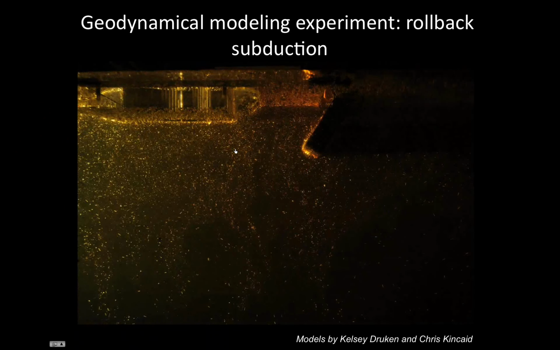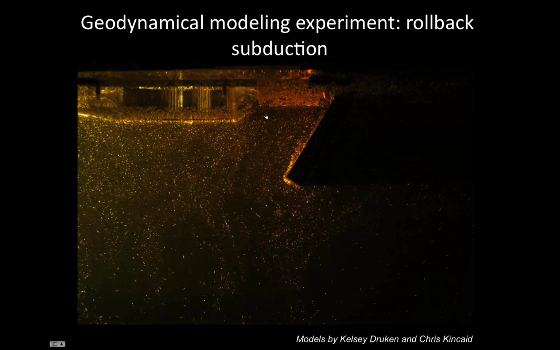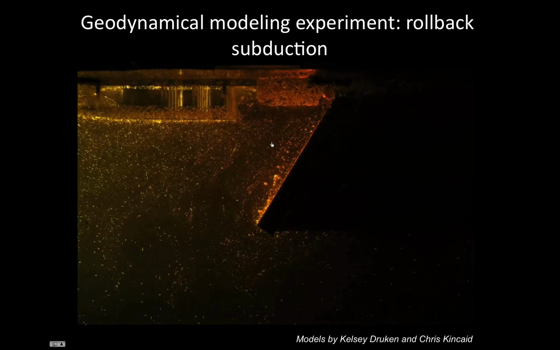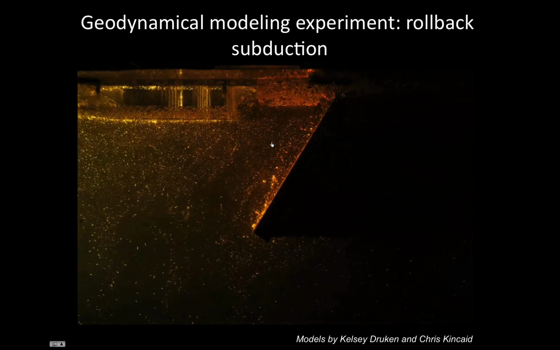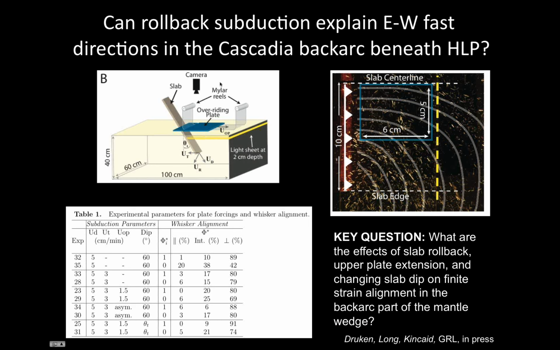And in these experiments where Kelsey was looking at anisotropy development, she also seeded the fluid with these whiskers that locally align with the finite strain field. So that's what's giving us the indication of what we would expect the anisotropy patterns to be for these types of models. So this is a series of experiments that Kelsey ran specifically to look at anisotropy beneath the HLP.